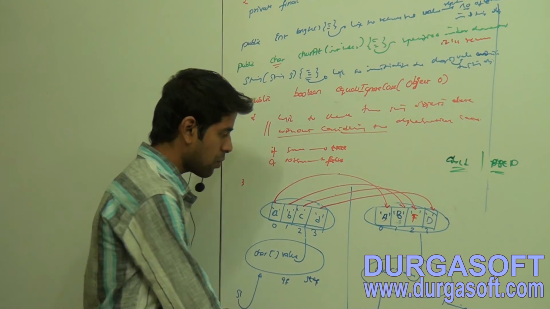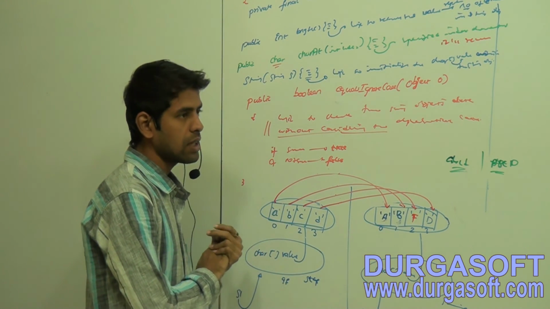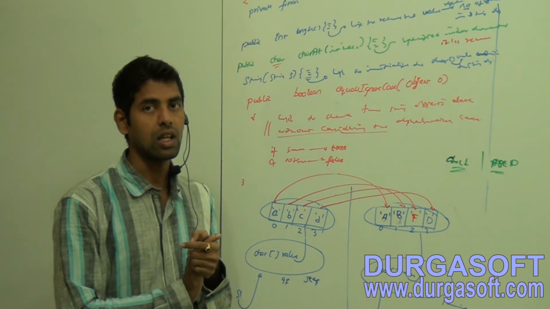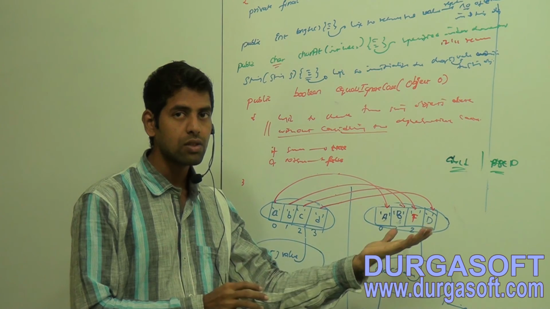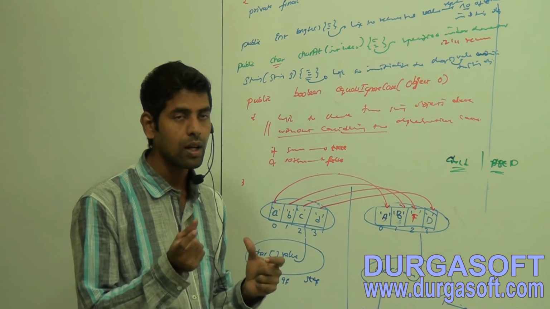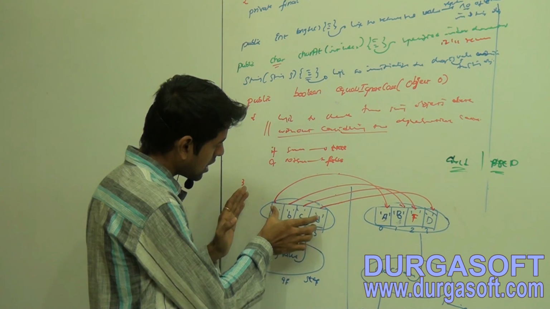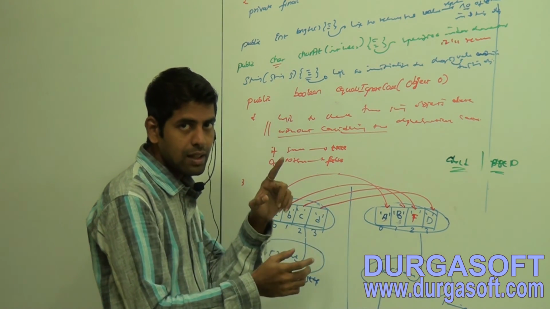When you have to perform these checkings from last index to 0th index, when we have to perform that checking, when both the string objects data length is same.